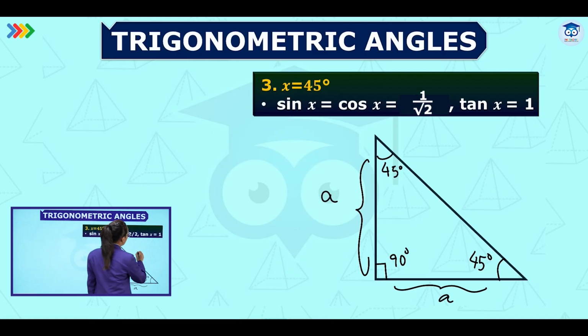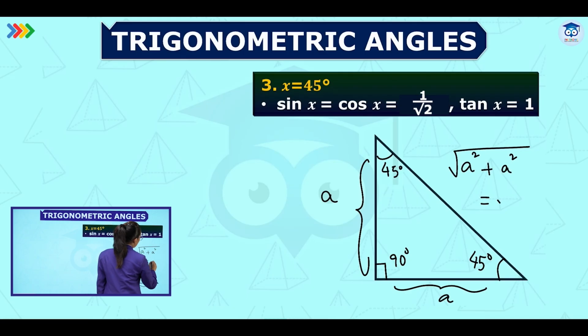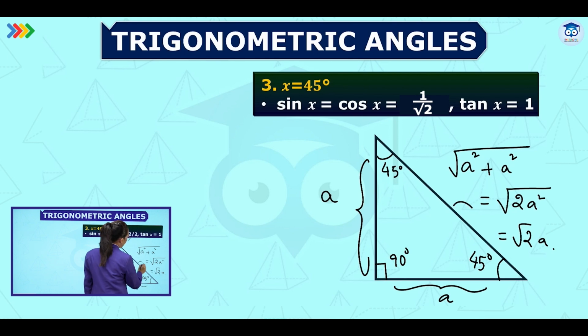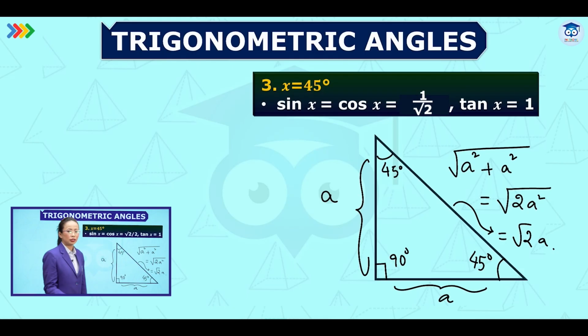Now, hypotenuse we can calculate, that is the square root of A square and A square. That becomes square root of 2A square, that is root 2 A. So hypotenuse length is root 2 A when we take any side as A. Suppose you are taking 6, then hypotenuse becomes root 2 into 6, that is 6 root 2.